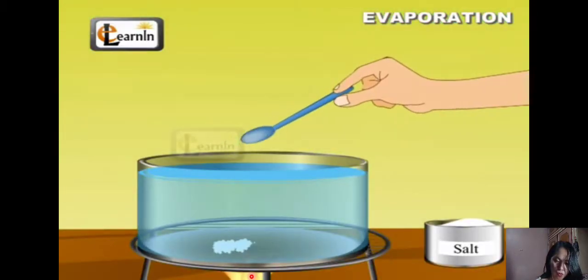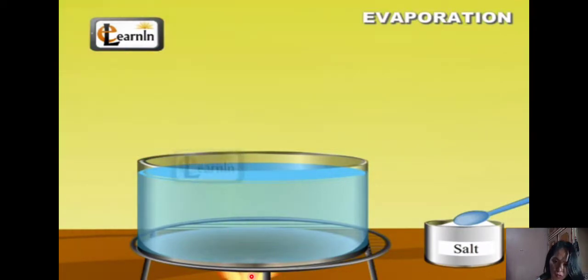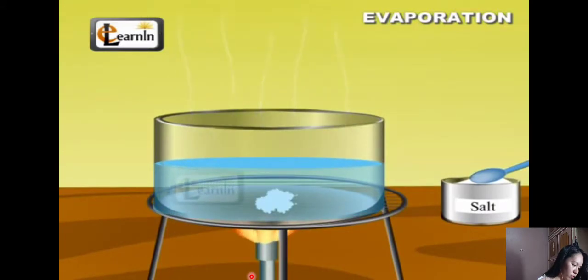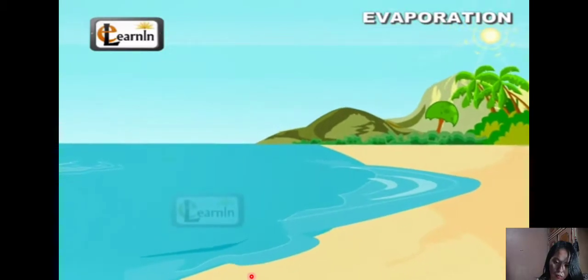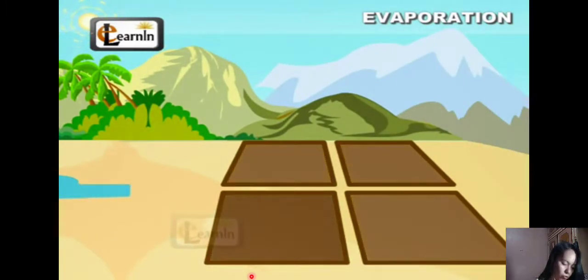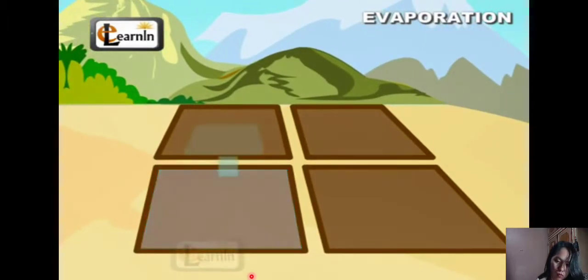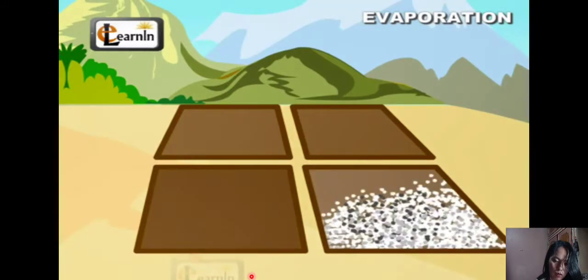Add some spoons of salt to water in another beaker and stir it well. The salt gets dissolved. Now heat the salt solution. The water gets evaporated, leaving the salt behind. Seawater contains salt mixed in it. Common salt is one among them. When seawater is allowed to stand in shallow pits, water gets heated by sunlight and slowly turns into water vapor through evaporation. In a few days, leaving the salts behind, water evaporates completely. Common salt is then obtained from this mixture of salts by further purification.